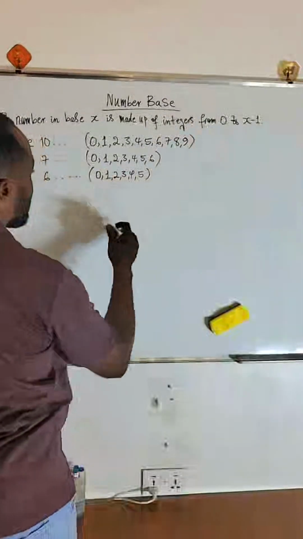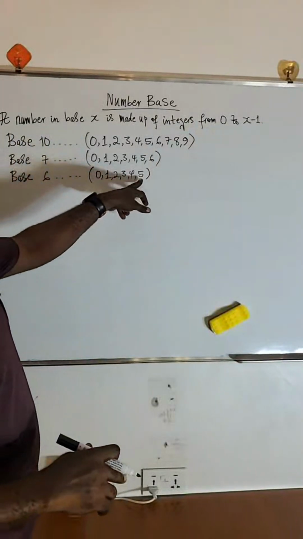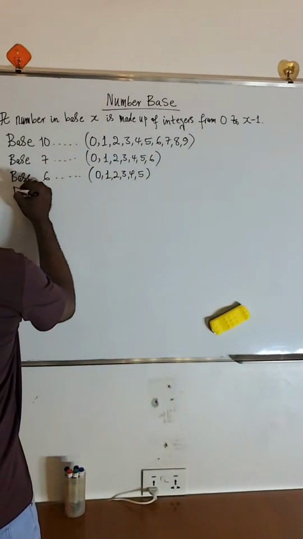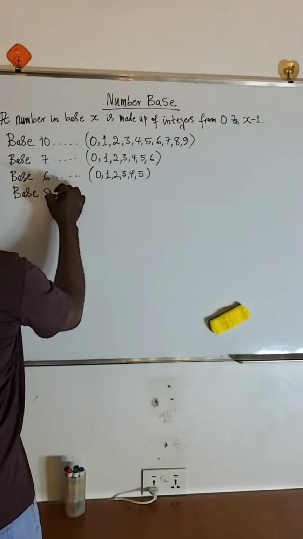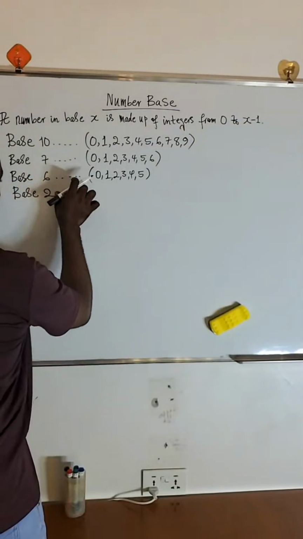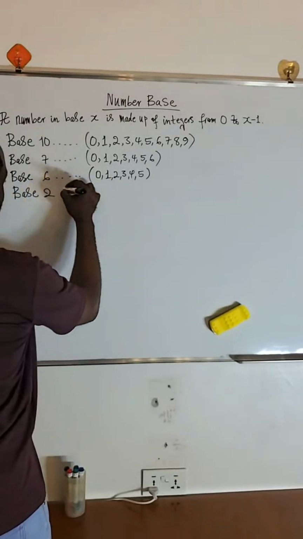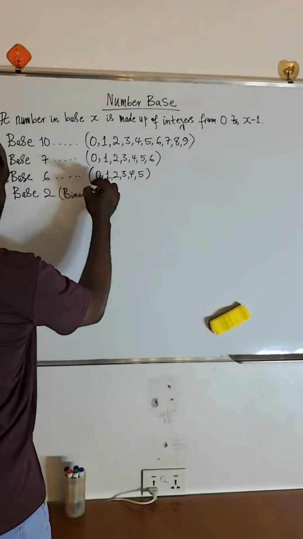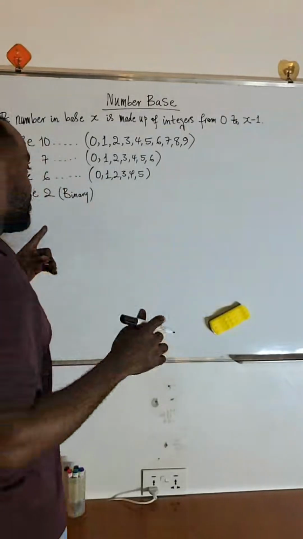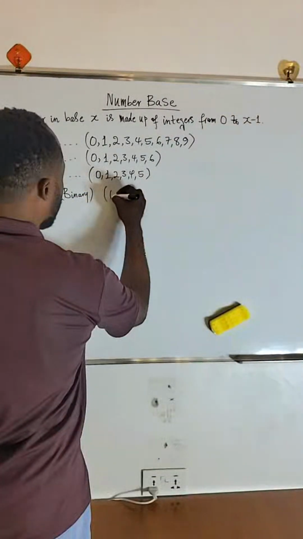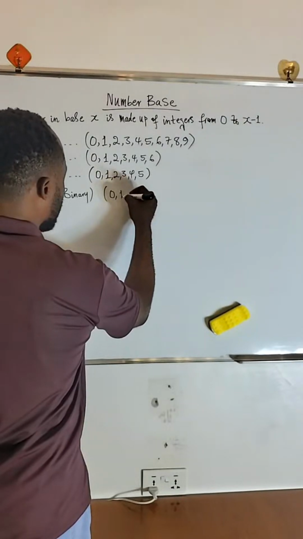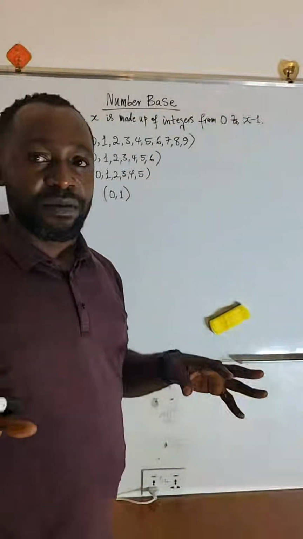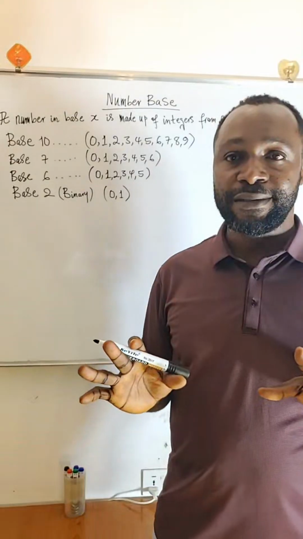Then, if you are working in base 2, mind you, base 2 is otherwise known as the binary. And here, you can only have integers from 0 to 1, but you cannot have 2. So that is it.